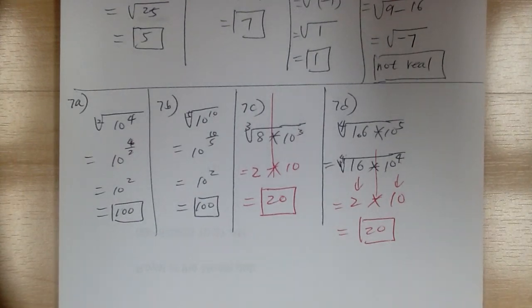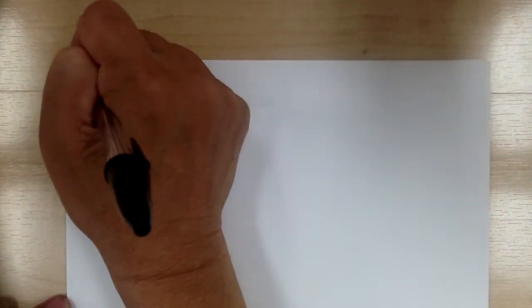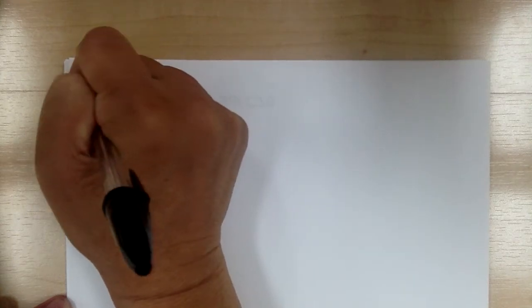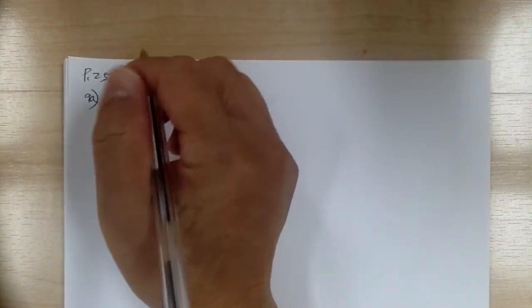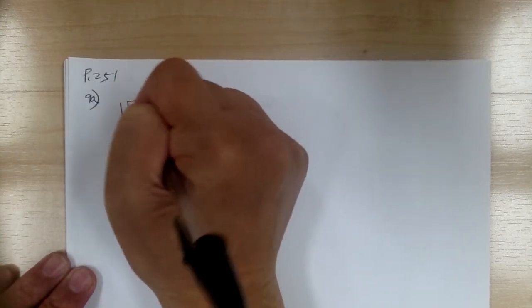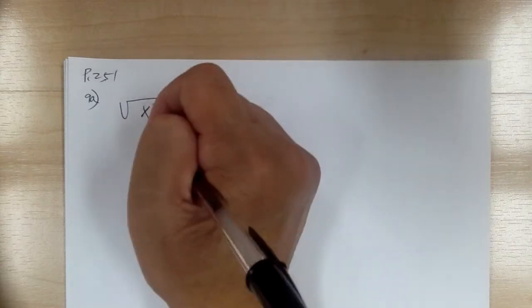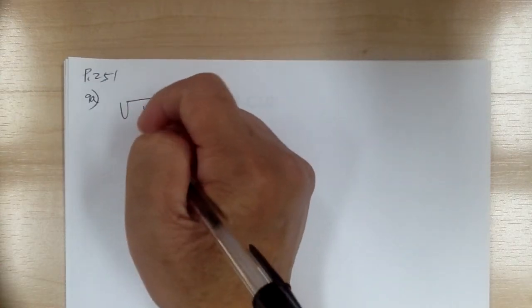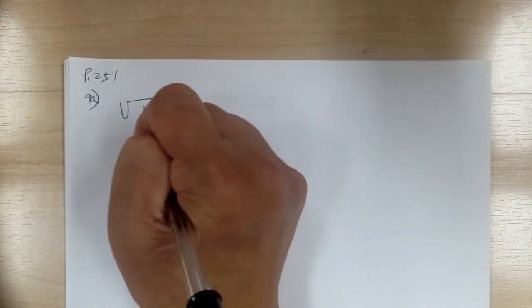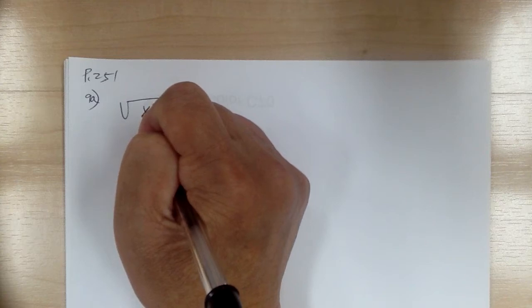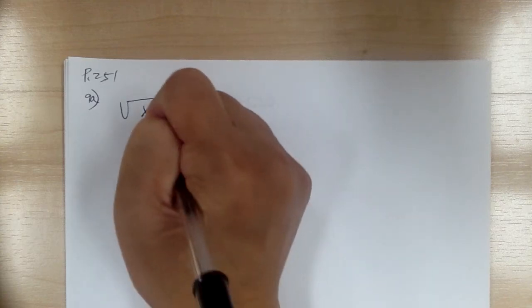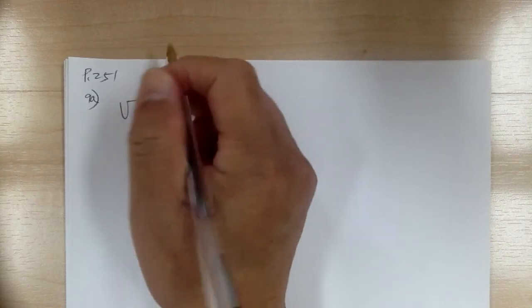Okay, let's go to number 9. So 9a, you have the square root of x squared. In this case, don't just cancel and write down the x. Because what happens if x is negative? If x is negative and you square it, it becomes positive, and when you take the square root it stays positive.